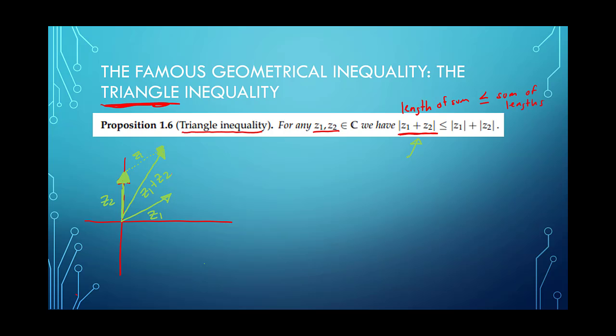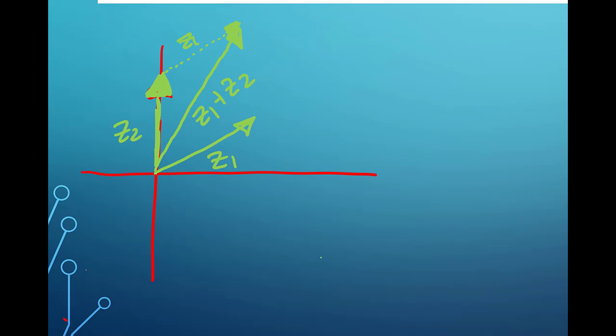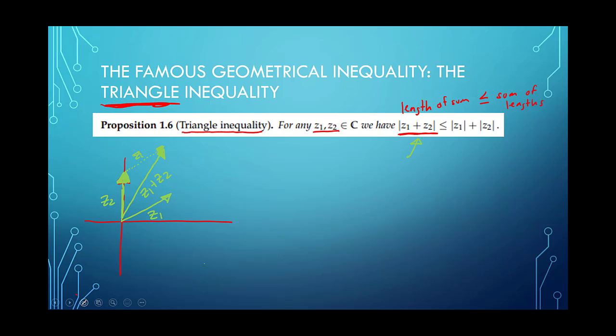Okay, now notice, here let me use a different color. We have a triangle, right? We have a triangle whose legs are the length of z1, the length of z2, and whose hypotenuse is the length of z1 plus z2.